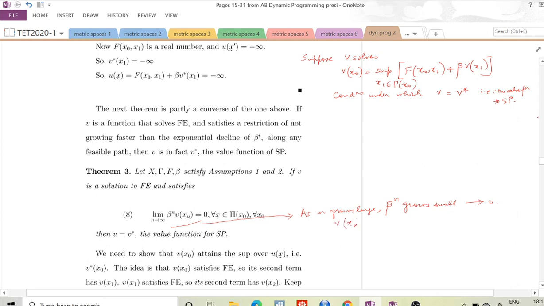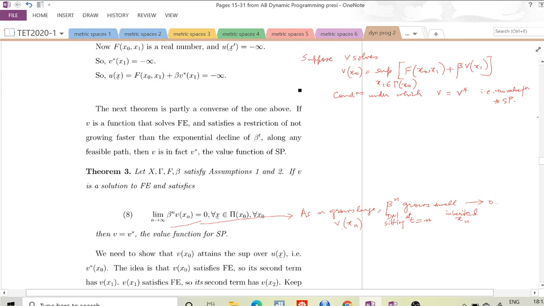V of xn is the value, if you interpret it as some discounted present value to the decision maker, when the decision maker is sitting at time t equals n and has inherited the state xn.